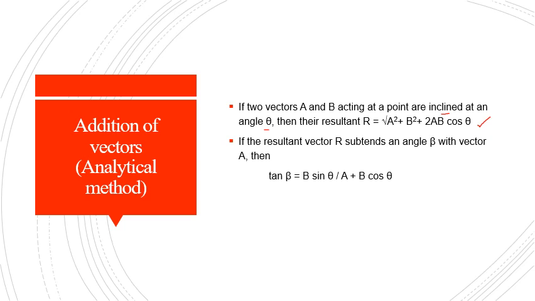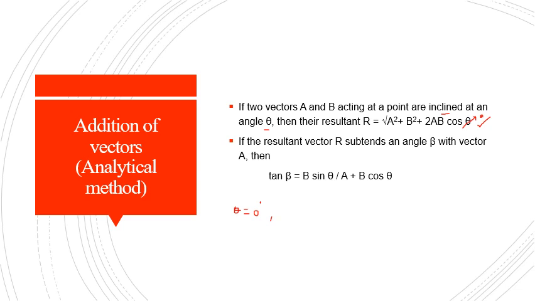Okay, and we have three conditions, students. Let me explain this. When theta equals 0 degree, what will be the resultant? Substitute theta equal to 0 in this formula. What is cos 0?